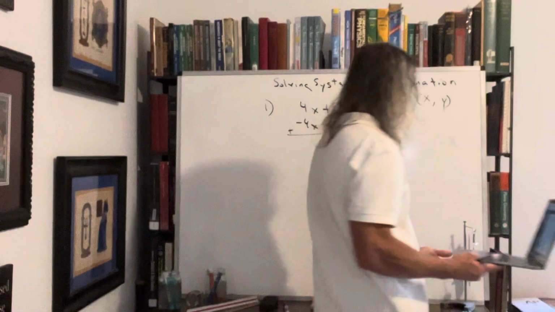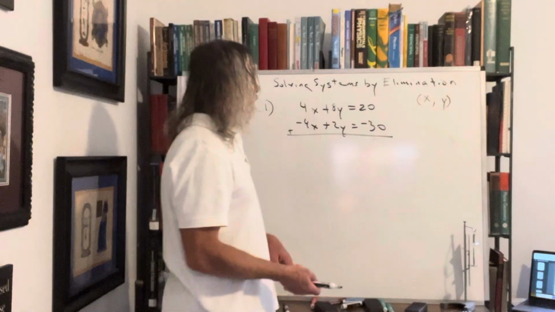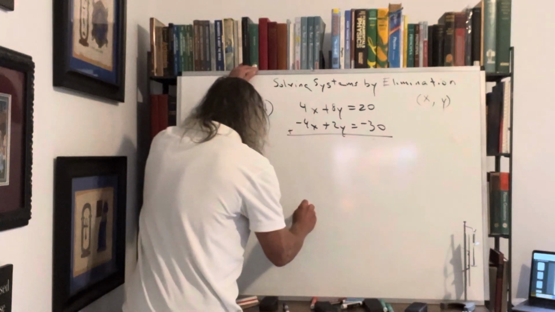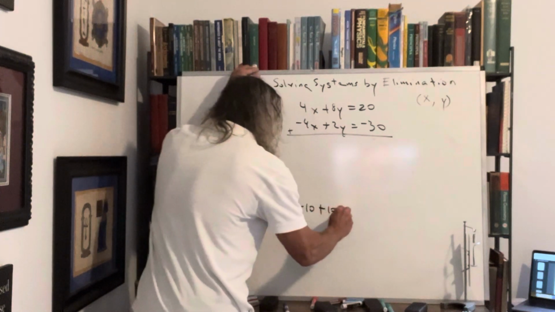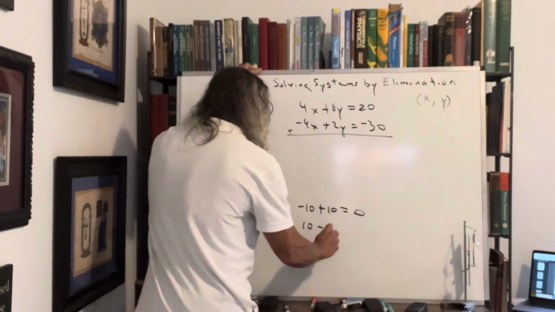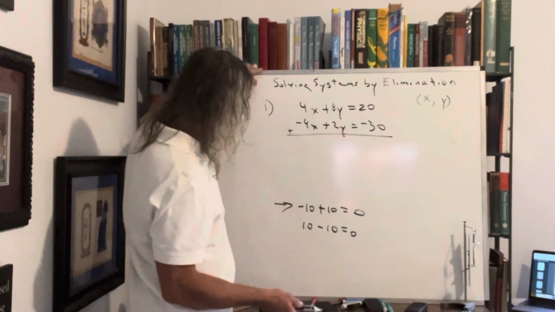Okay. And we want to cancel out a letter. And remember, the idea we're using is that a number plus its opposite is 0, or a number minus itself is 0. But I'll focus on doing this more, adding every time.